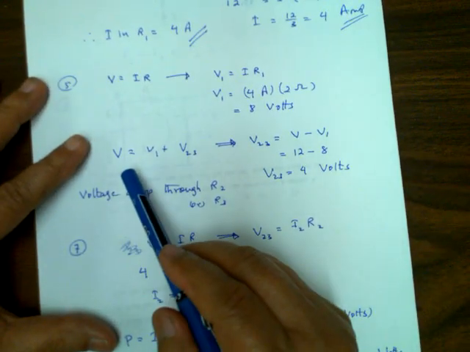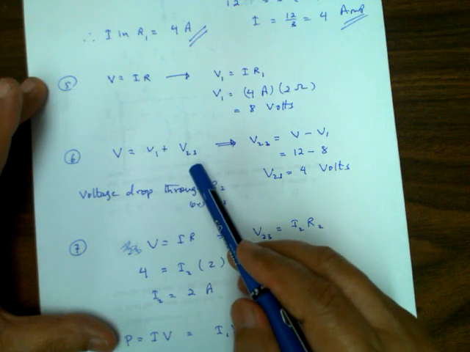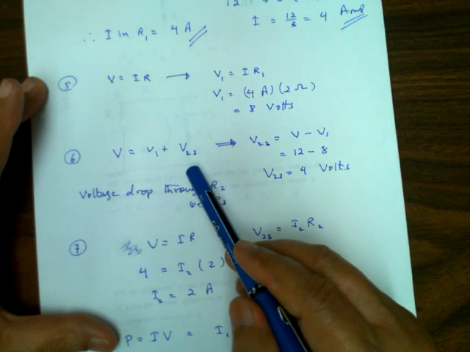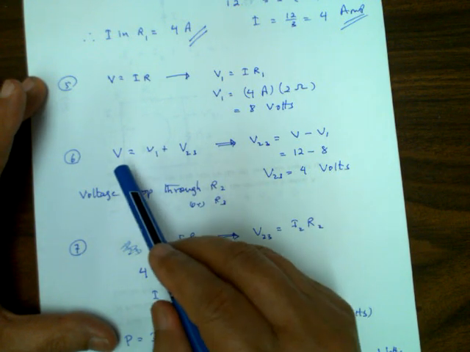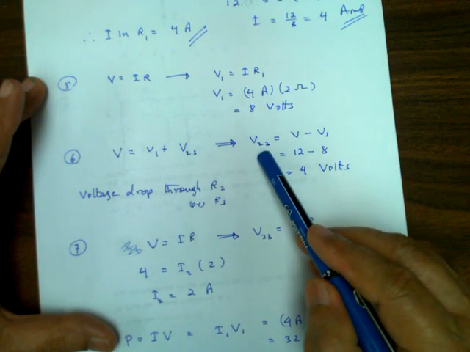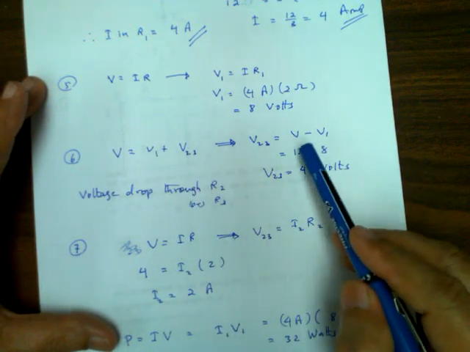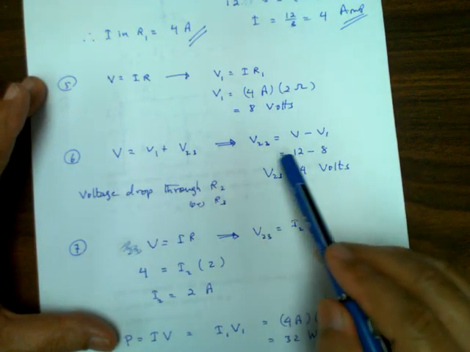So to find the voltage drop from the loop, V is equal to V1 plus V23. V23 is V minus V1, and V is 12 volts.